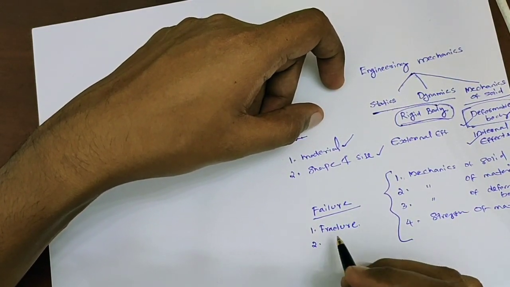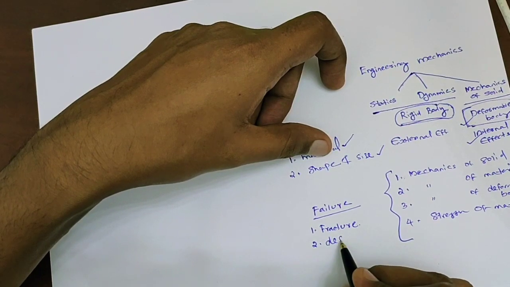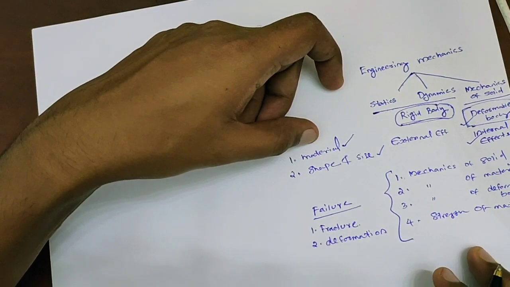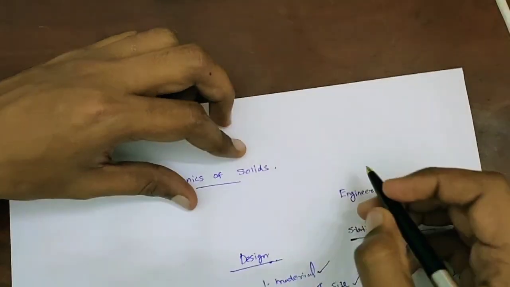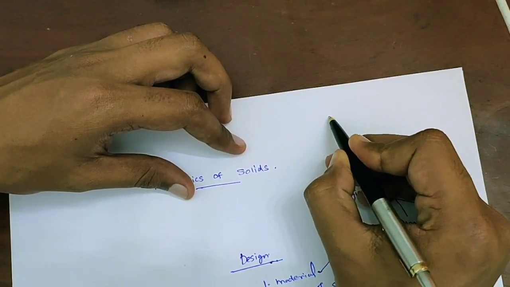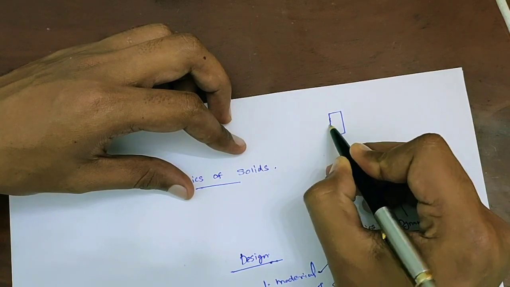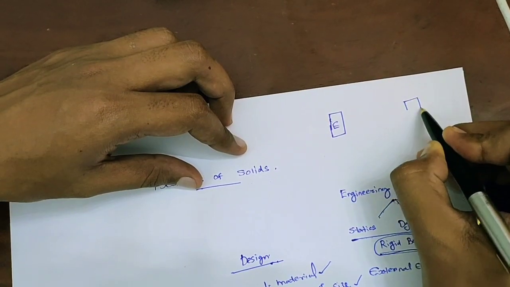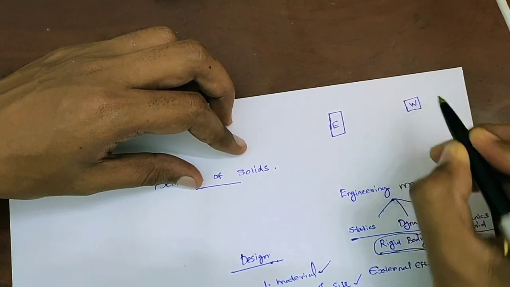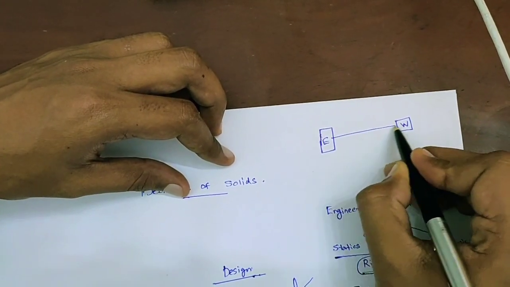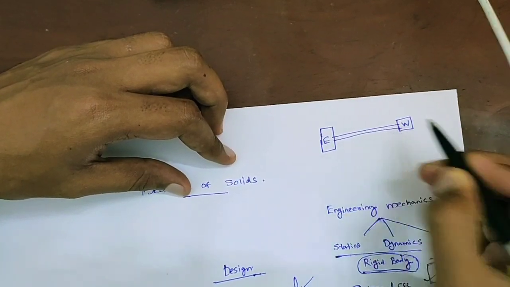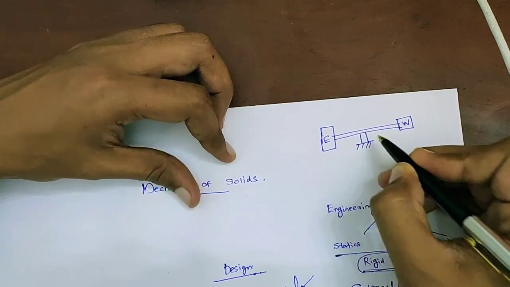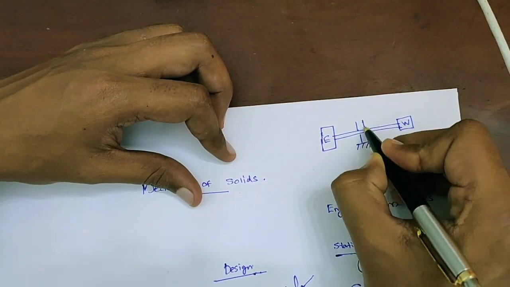Second mode of failure is severe deformation. For example, consider a shaft which is used to transfer the power from engine to wheel, and here I am using a bearing for the support at the center.